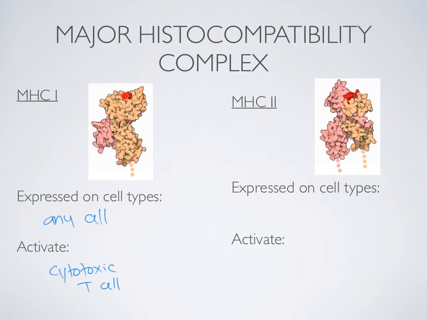It has to be antigen plus MHC1 in order to activate that T cell receptor. So this is going to bind to the T cell receptor on cytotoxic T lymphocytes. But that T cell receptor won't recognize that antigen by itself, and it won't recognize MHC1 by itself. It has to be the two together that will bind that binding site.